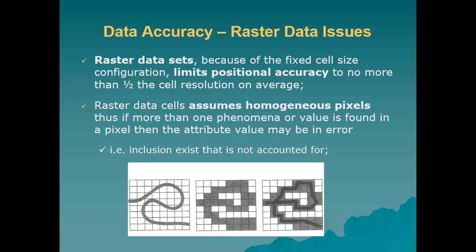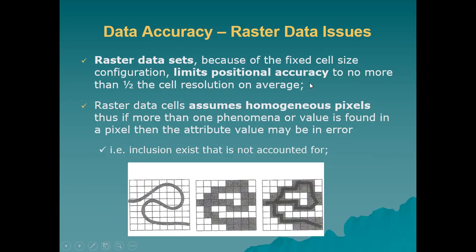So the raster data sets, because of the fixed cell size configuration, so remember the cells will have a size or a dimension, and we refer to that as cell resolution. So what is the concern about the cell size? This limits your positional accuracy to no more than half the cell resolution on average.